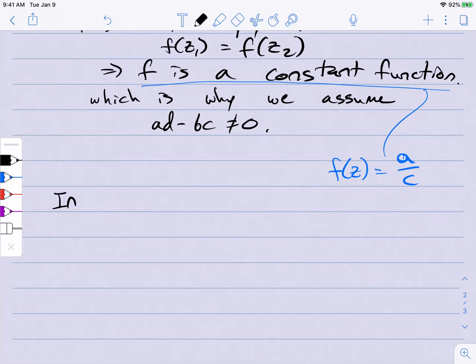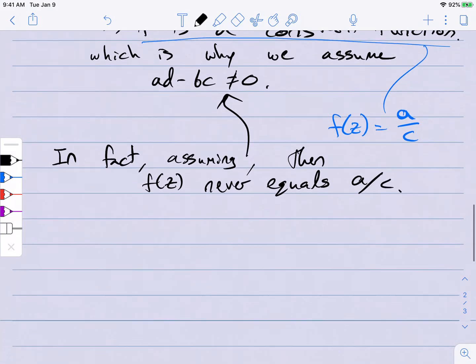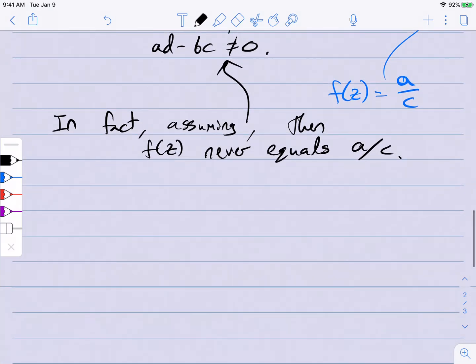So in fact, assuming this condition, which we always do, f of z never equals a over c. And in fact, more is true. It actually hits every point except a over c.